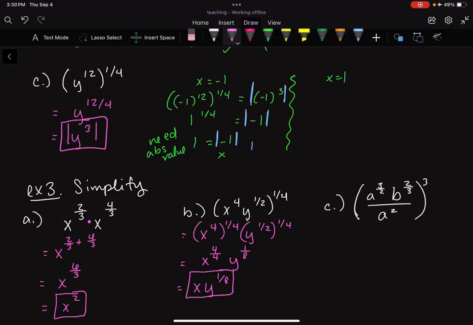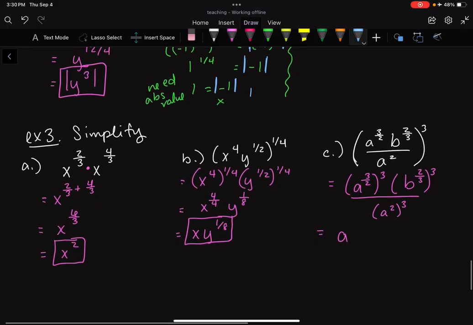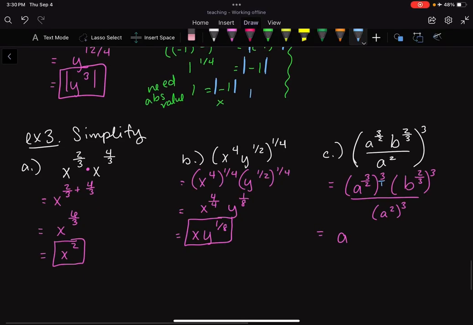Now for this last one, part C, I'm going to go ahead and distribute that 3 to everything. So this is a to the 3 over 2 cubed, b to the 2 over 3 cubed, and a squared cubed. Simplifying this, I get a to the, when you multiply these things together, be careful here, this is really a 3 over 1.